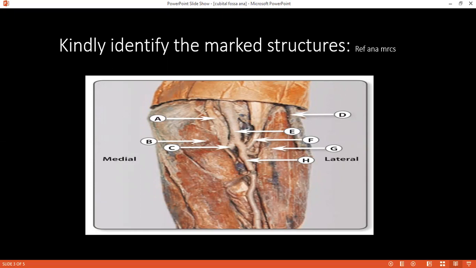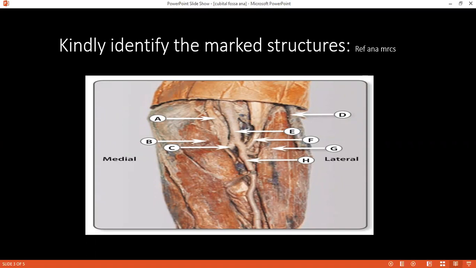The olecranon will articulate with the olecranon fossa, the posterior aspect of the lower part of the humerus, and the head of the radius will articulate with the capitulum of the lower part of the humerus. Also the trochlear notch will articulate with the trochlea of the lower part of the humerus, and the coronoid process will move in the coronoid fossa on the anterior surface of the lower end of the humerus.